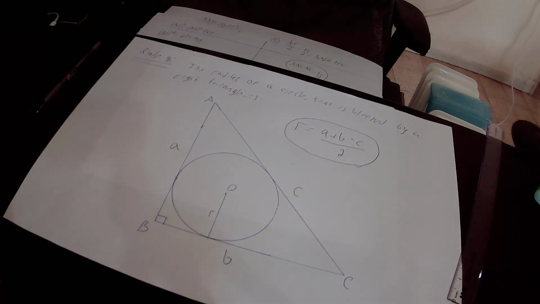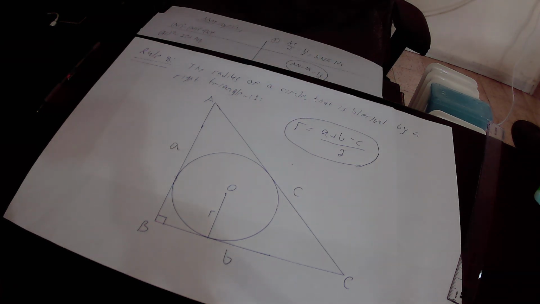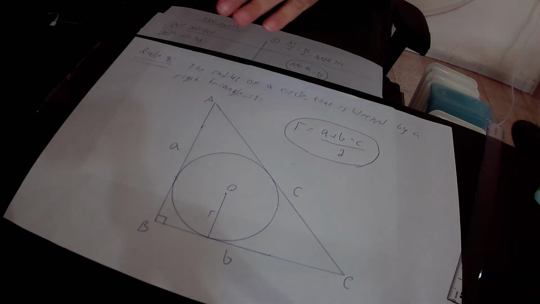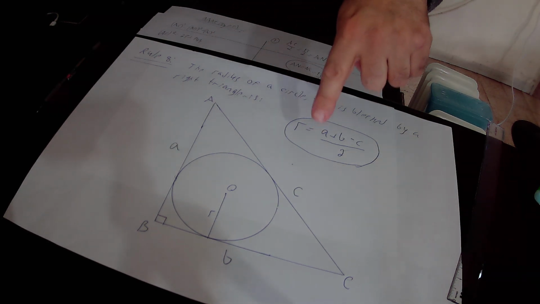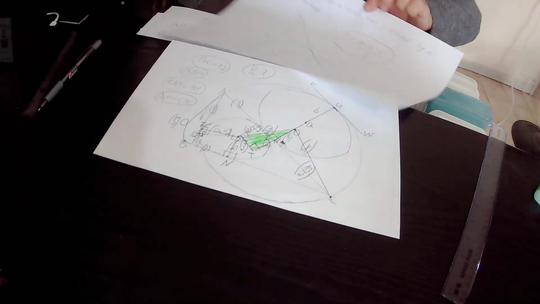The right triangle ABC blocks the circle, and the radius of the circle is R. According to rule number 8, we can calculate the radius only by knowing the side lengths of the right triangle that blocks the circle. That is to say, the radius will be equal to A plus B minus C over 2. We can implement rule number 8 in our drawing.